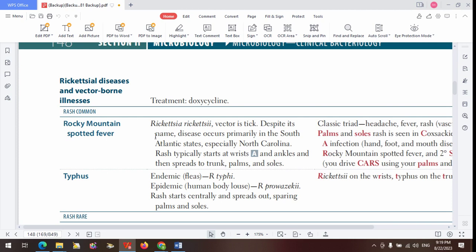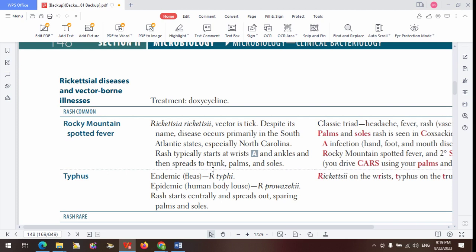But how are we going to know that this is the Rickettsia rickettsii rash? Number one, the rash is centripetal in distribution. That is, it starts from the joints of the upper limb and the lower limb. It starts from the ankle, it starts from the wrist, then it extends to the palm and the sole.